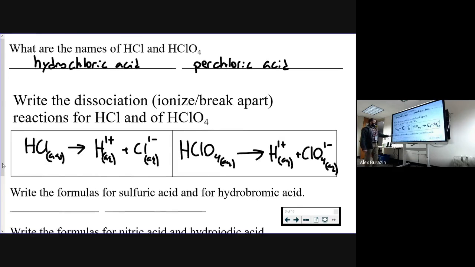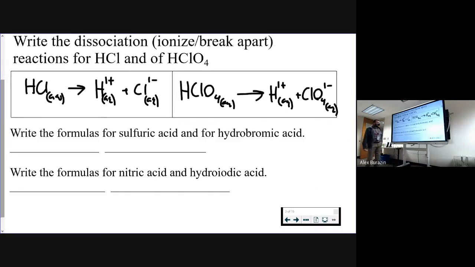What are the formulas for sulfuric acid and hydrobromic acid? What are the formulas for nitric acid and hydroiodic acid? Write them all down. They should all be on your note sheet. Some of them you might not need to look up, some of them you might.